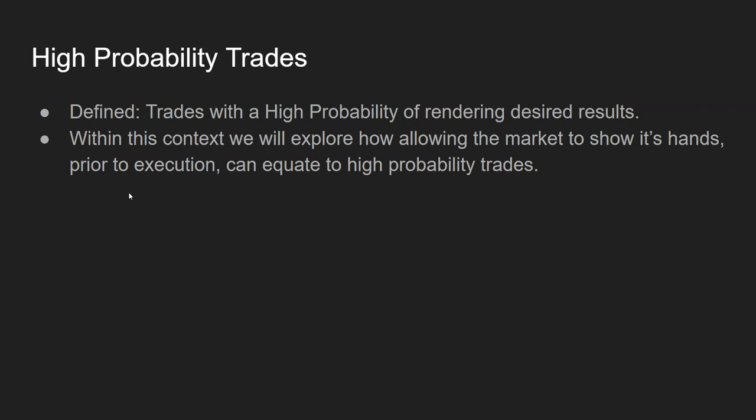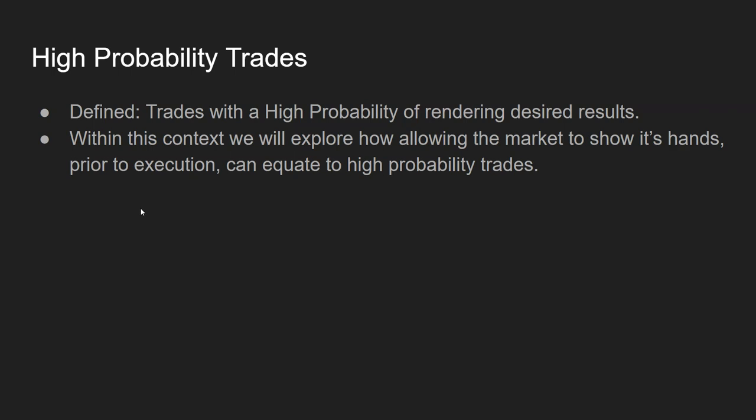If you ever played poker, blackjack, Uno, any game, if the individual that you're going against shows their hand, it makes it easy for you to know what's going to happen next, right? The market also does this. The chart shows its hands. When a move is getting ready to happen, the market shows its hands.